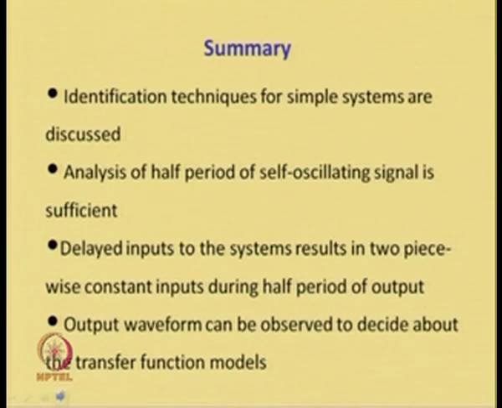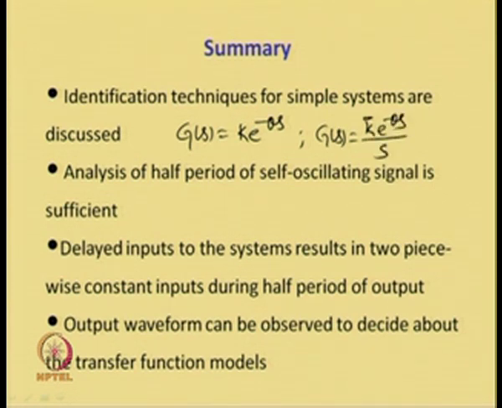Now, what we have discussed in this lecture: identification techniques for simple systems, where the system dynamics are given by a gain with a delay or a velocity constant with delay and integrator.